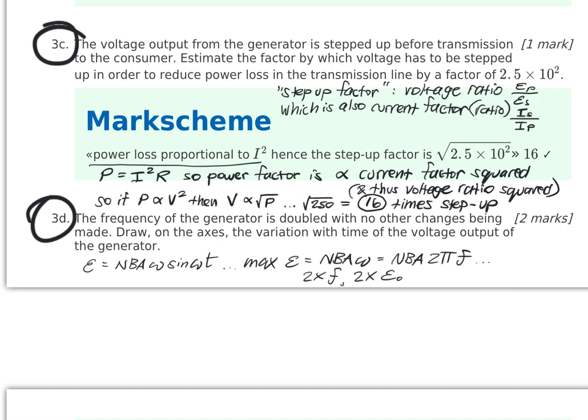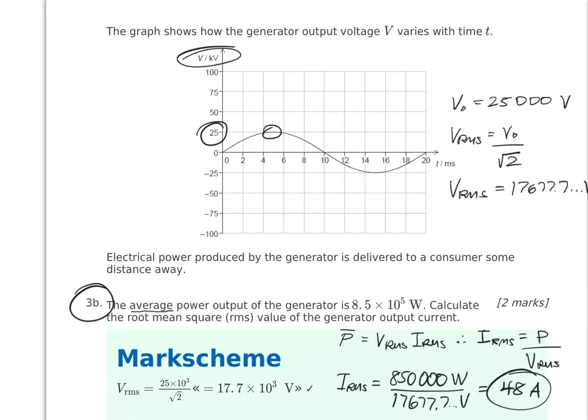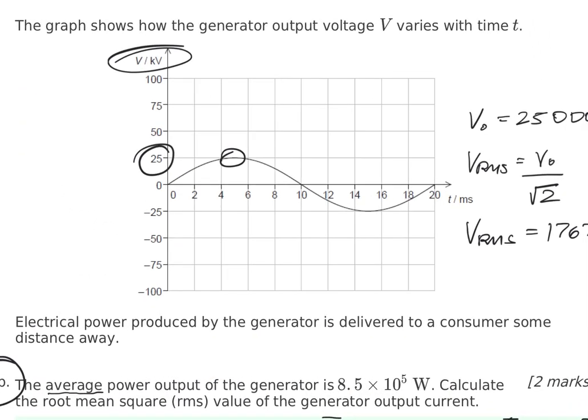And then I'm looking for the peak values for the graph. The maximum EMF would mean that the sine of omega t is 1. So maximum EMF is NBA times omega. Omega, of course, is 2 pi times the frequency. And if we double the frequency, we double the max EMF. So if we go up to the graph, first let's erase what is already there.